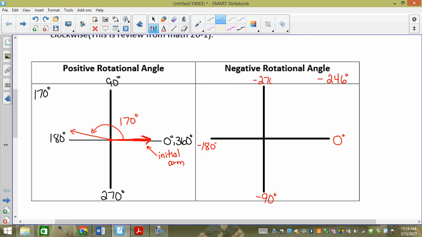This is negative 360. We still start on the x-axis and we still rotate about 0, 0. We're just going clockwise now, right? Now, how far is 246 from 270?